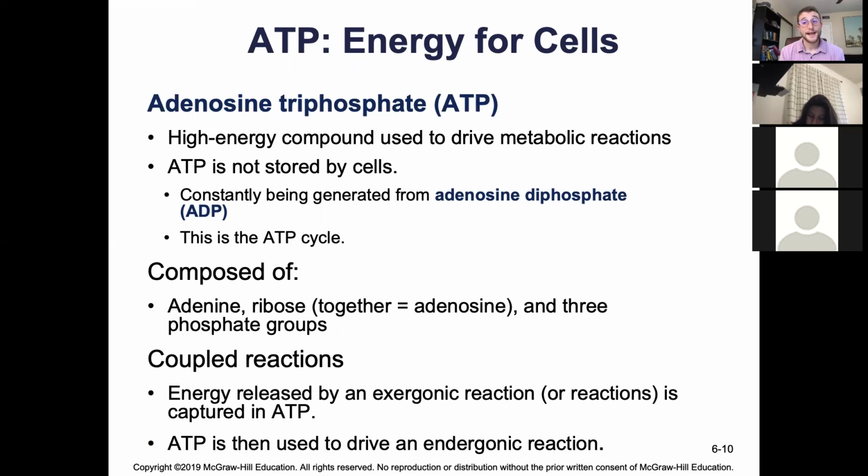And then when it gets that 3rd phosphate on it, it gets really unstable and it has a lot of energy and it wants to get rid of it and get back to ADP. So cells will not store this volatile ATP. Instead, they'll store ADP, and when it needs energy, it'll throw a phosphate on that ADP, form ATP, use it really fast, and then return it back to ADP.